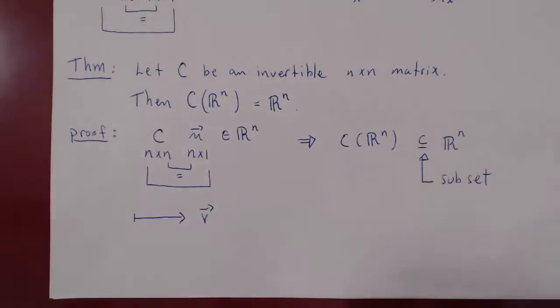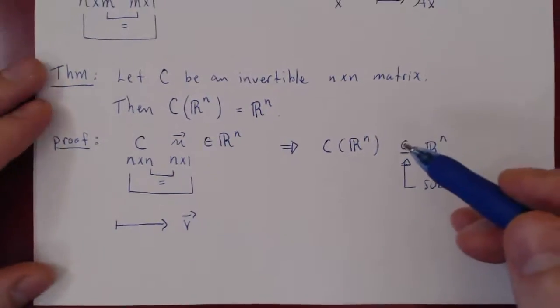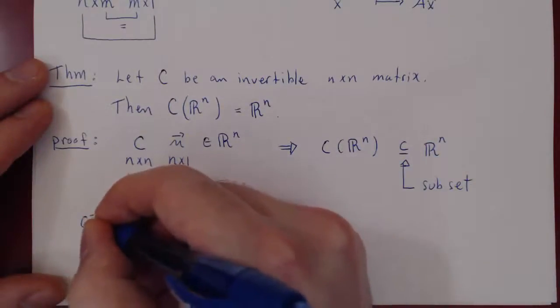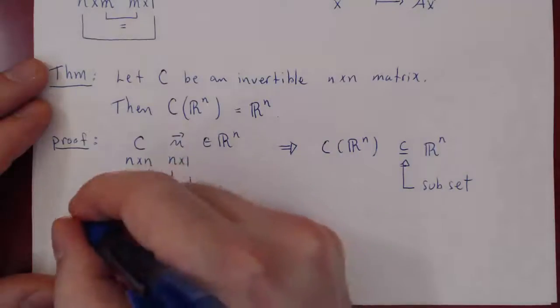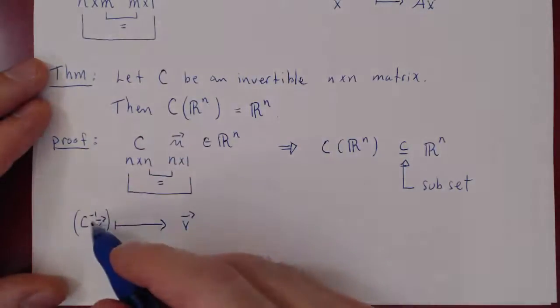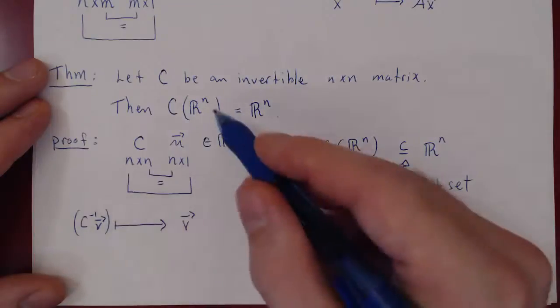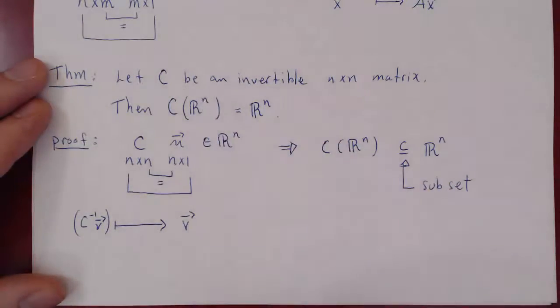Think of it. If C is n by n, so is C inverse. So take the vector C inverse v. This is an n by n matrix times an n by 1 vector. The result is an n by 1 vector.